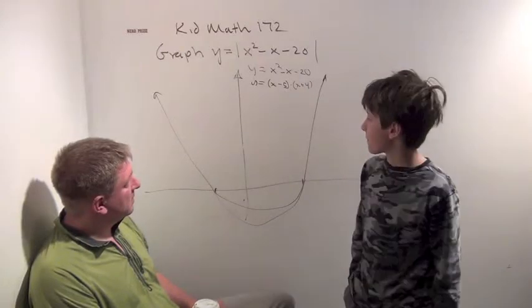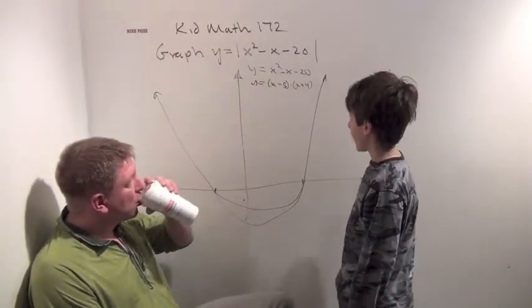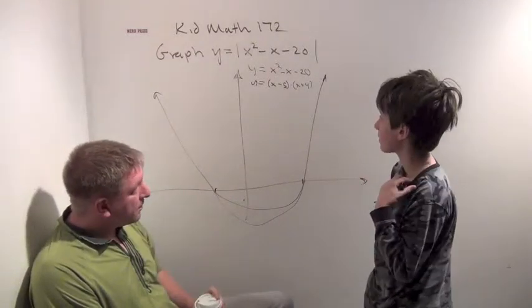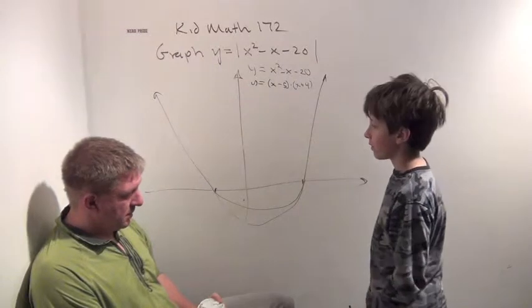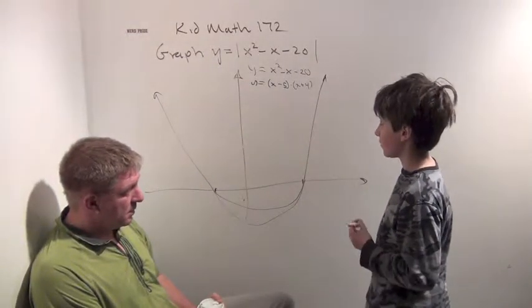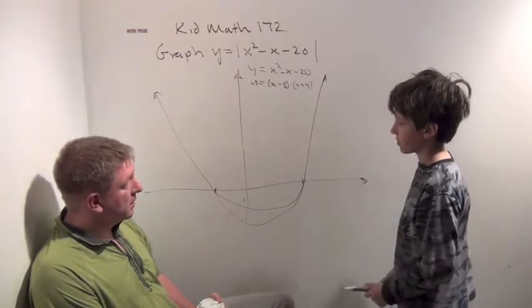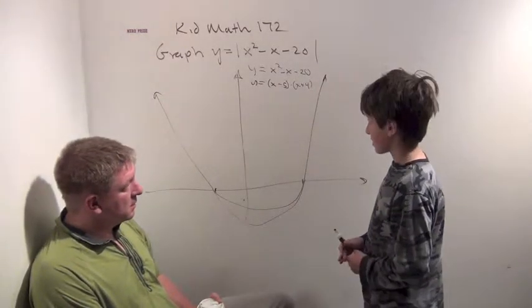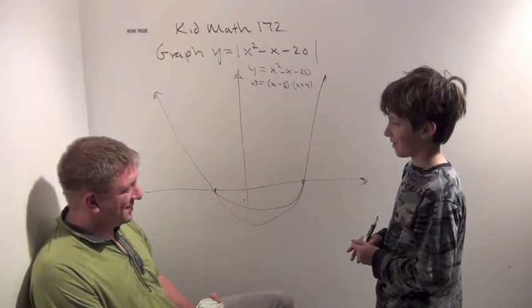Well, at a half, you've got minus 4.5 times minus 4.5. You've got minus 4.5 squared. You've got minus 4.5 times 4.5, which is minus 16 and a quarter. No, wait.